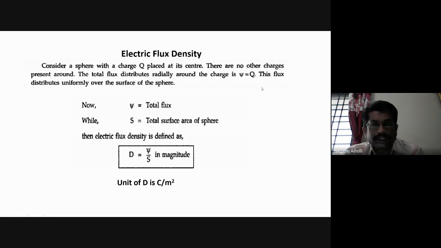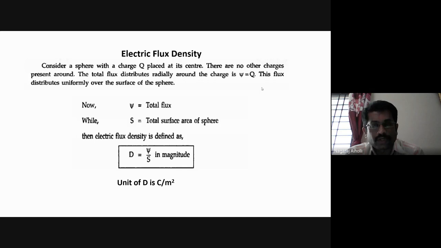Here we are considering the electric flux psi, which is proportional to the charge, because the more the number of charges, the more will be the flux lines. Less the number of charges, less will be the number of flux lines. Is it not? Hence, the flux is considered directly proportional to the charge.